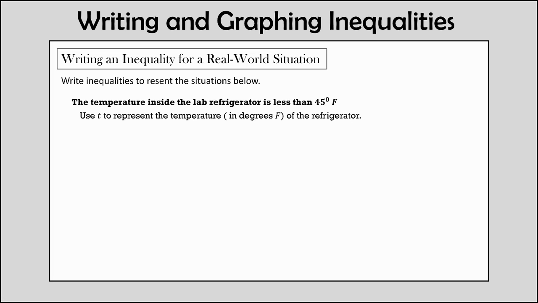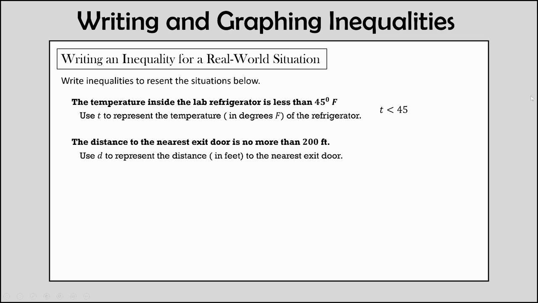So in this case, I want all the temperatures to be less than 45 degrees. So it's going to be T is less than 45 degrees. Every temperature value that I could put in place of this inequality has to be a number less than 45.